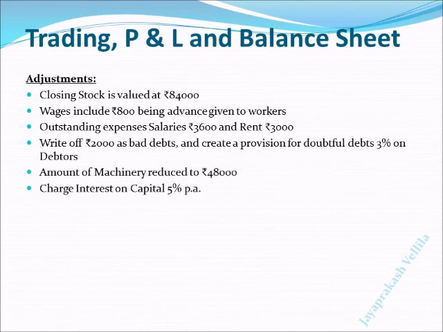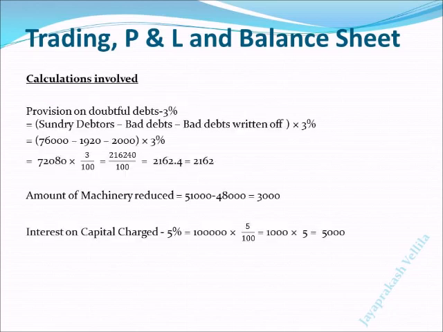Next it is given to create a provision for doubtful debts at 3% on debtors. So when calculating, provision for doubtful debts equals sundry debtors minus bad debts written off, into 3%.